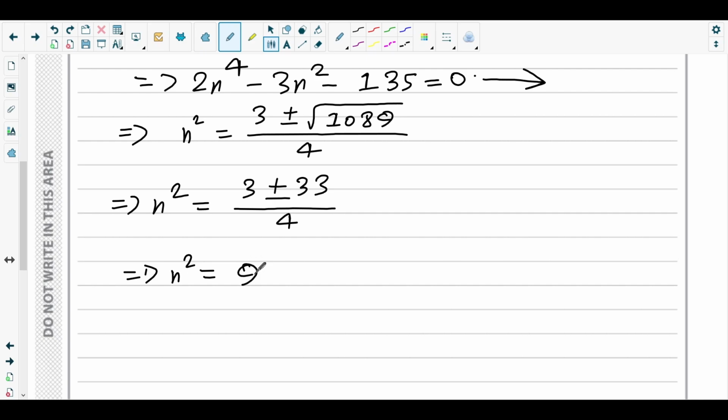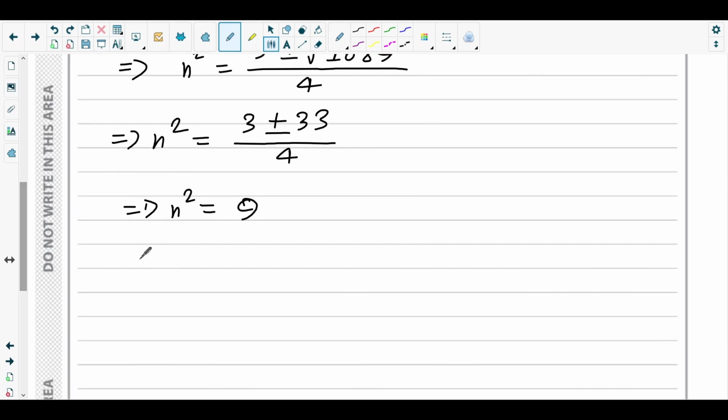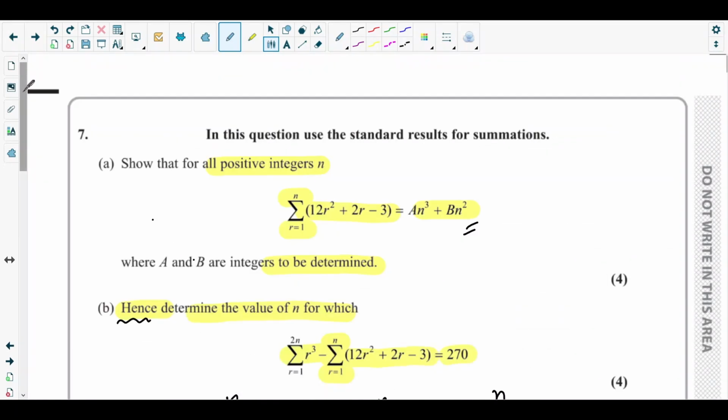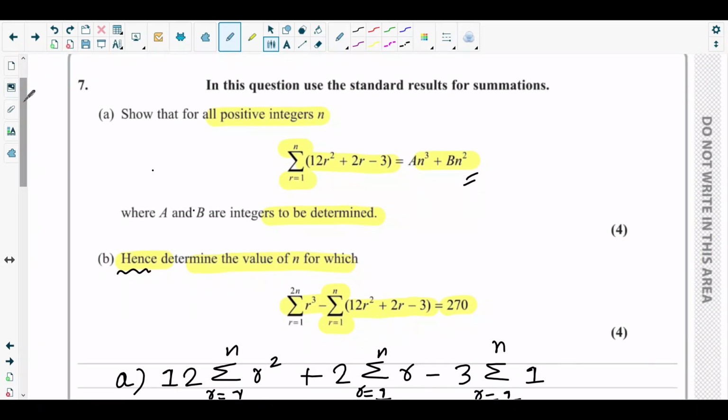So either n squared equals 9, or n squared equals 3 minus 33 over 4, which gives a negative value. We will ignore negative values because n squared is never negative. So n equals plus or minus 3, but we consider only the positive value. So for part B, we got n equals 3, and that's the answer for part 7b. Fine.